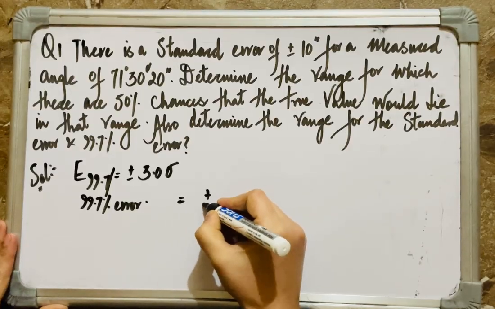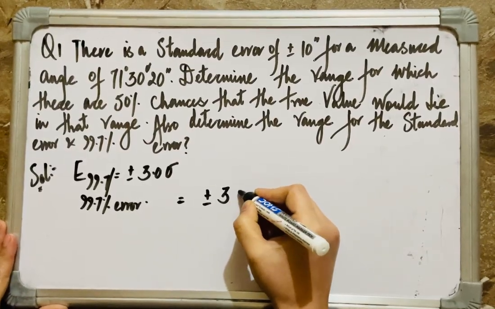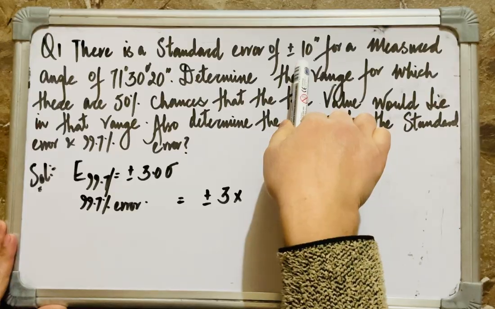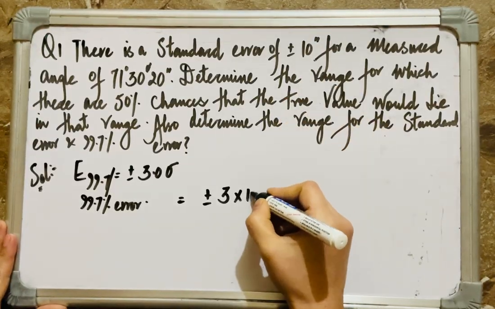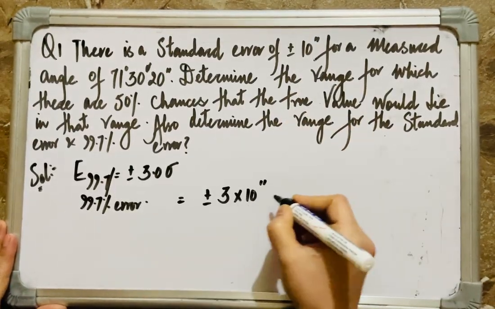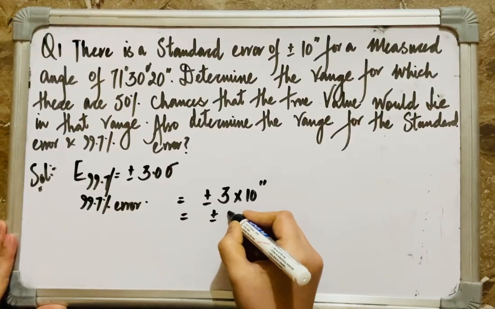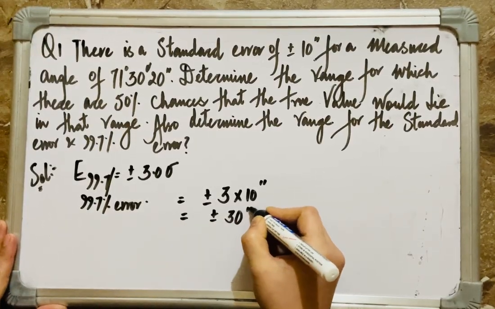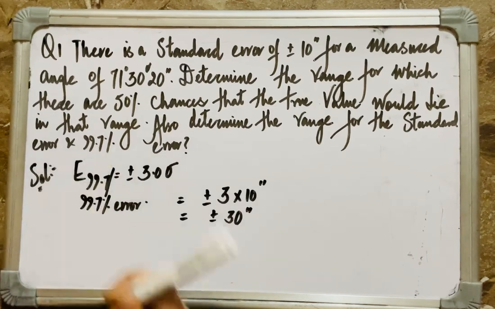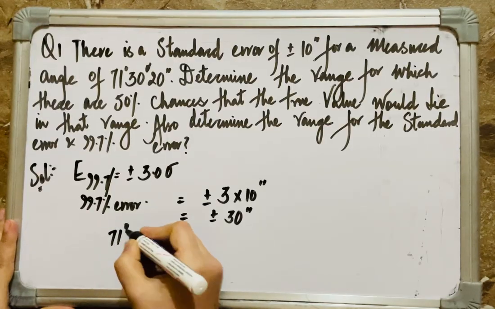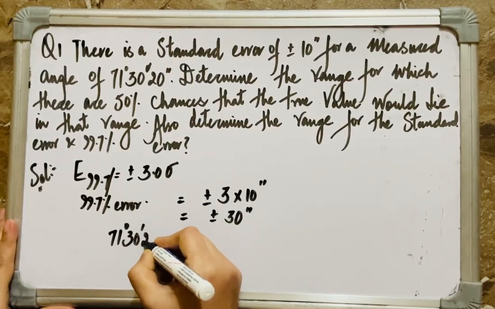So it is equal to plus minus 3 times, how much is my sigma or the standard deviation or the standard error? 10 seconds. So it is equal to how much? Plus minus 30 seconds. So what is the range for my 99.7% error? What is the observed value of this particular angle? It is 71 degrees, 30 minutes and 20 seconds.